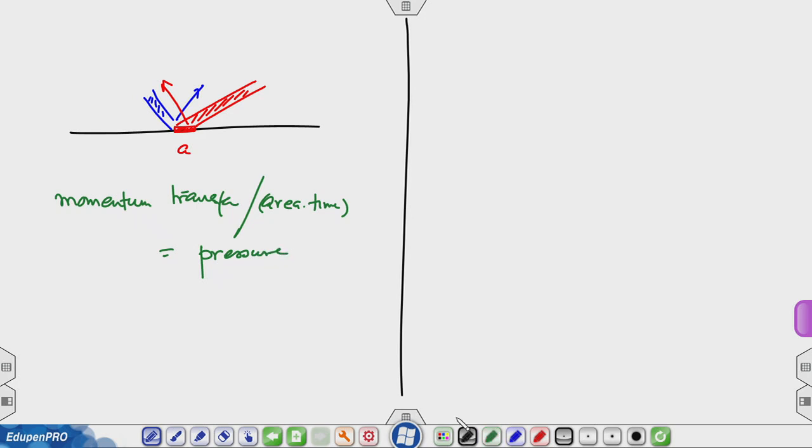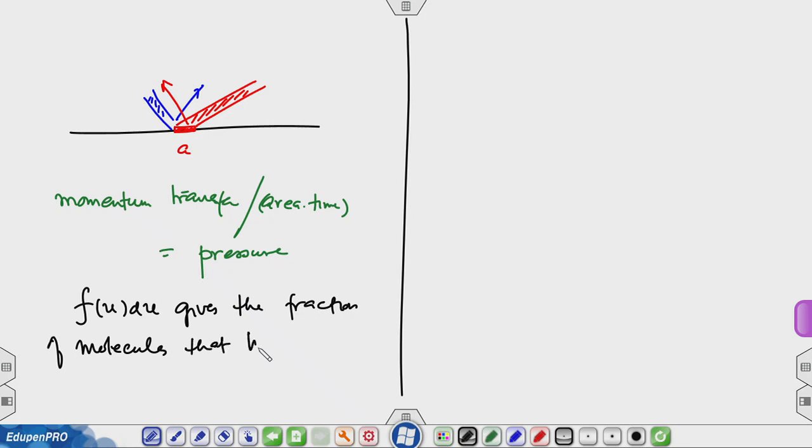So we'll assume that molecules are moving around with different speeds, and f(u) du gives the fraction of molecules that have speed between u and u plus du.